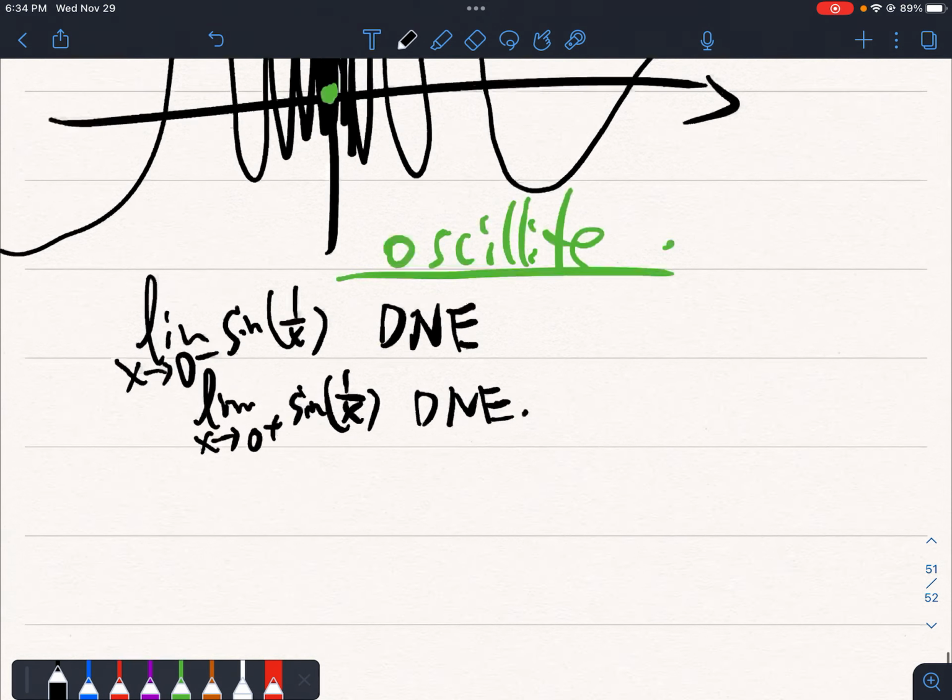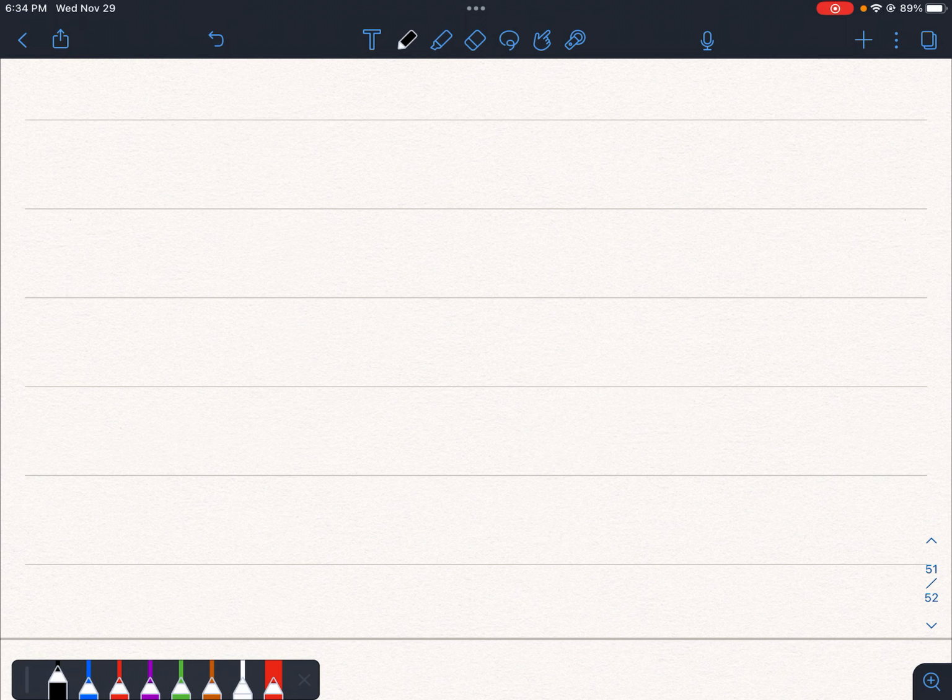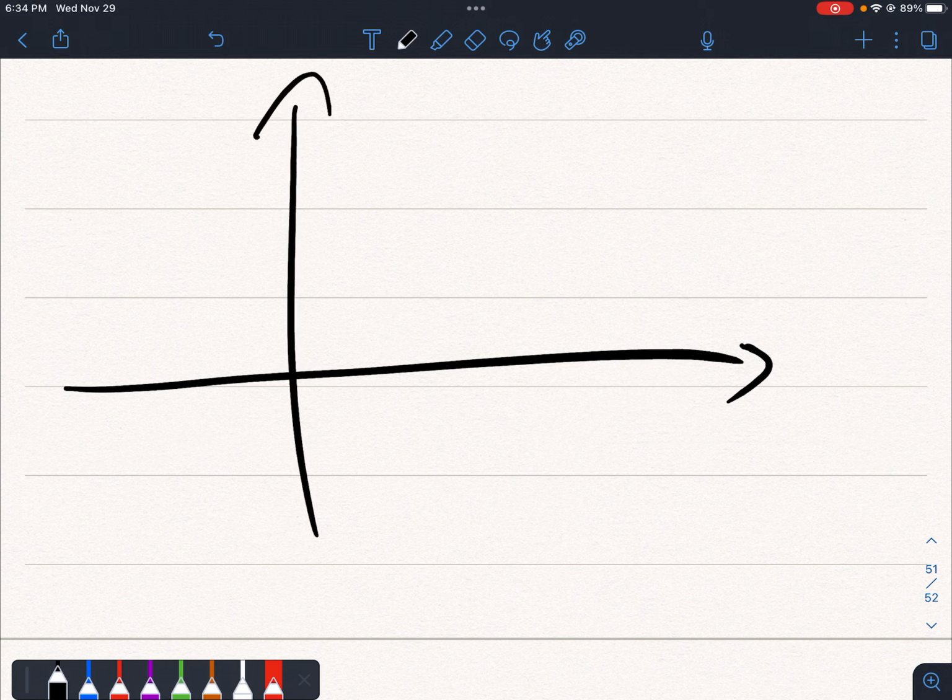So this is about discontinuity. Let me randomly sketch a graph, and then we will see what are the points where the function is discontinuous. Okay, let me randomly sketch a graph.